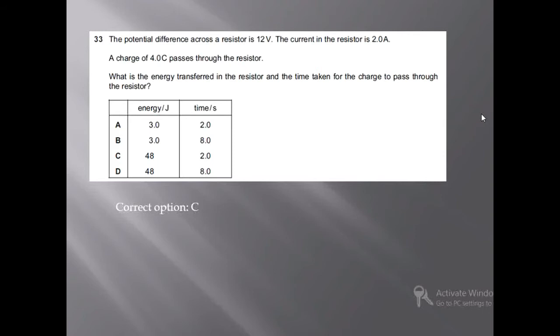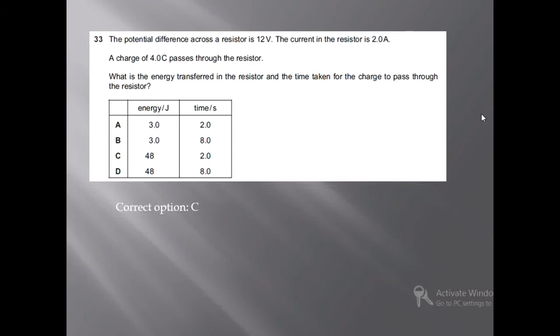Students, to find out the energy transferred, we are going to use the formula for the potential difference, that is, potential difference is equal to energy transferred divided by charge. After rearranging this formula, making energy transferred the subject, this becomes energy transferred is equal to charge multiplied by potential difference, where charge is 4 coulomb and potential difference is 12 volt.